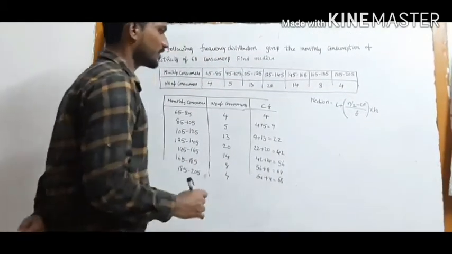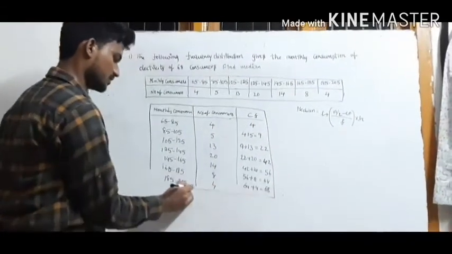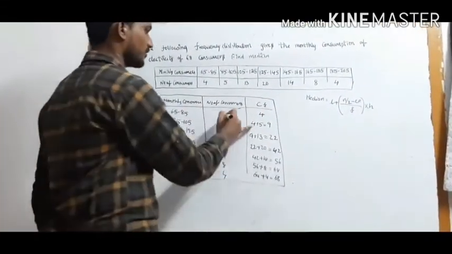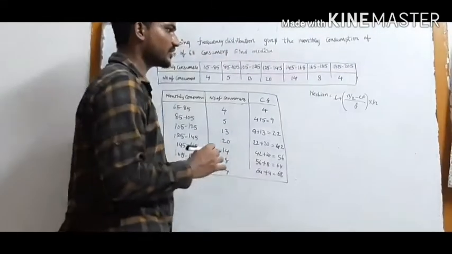From this, we want to find the f value. From the frequency, the highest term is the f value.